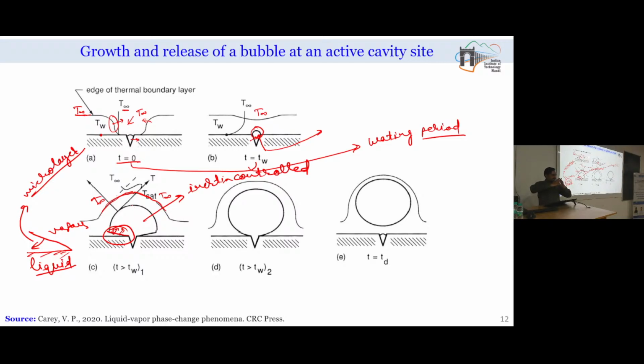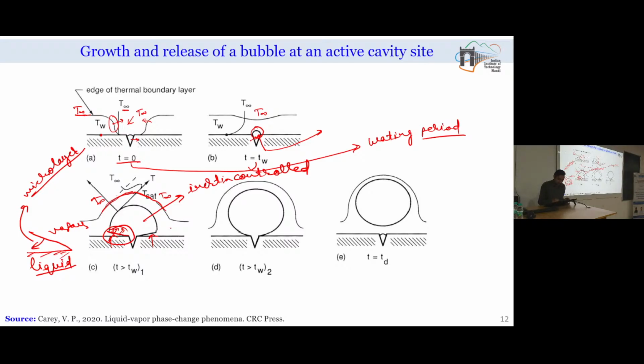Once the bubble has become significantly large, whenever you find growth in its size, then rather than inertia, the heat transfer rate also comes into the picture, because now if you have a sufficient amount of vapor, it will of course experience some temperature decrease because of the immediate transfer of heat to the vapor medium.